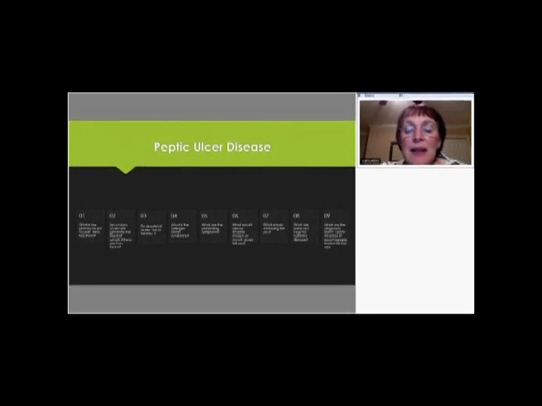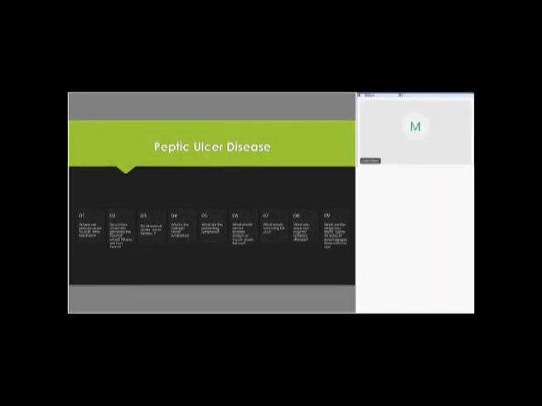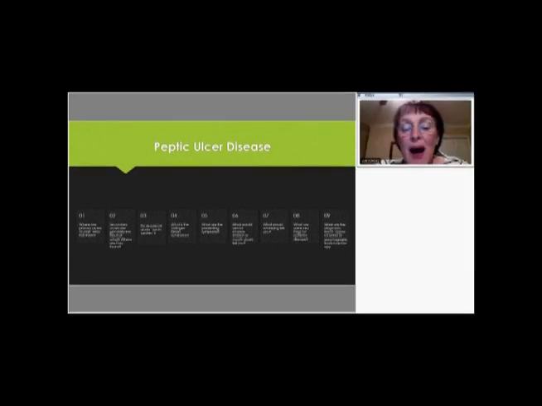What would dental enamel erosion or mouth ulcers tell you? If they had dental enamel erosion, what do you think that's from? Acid reflux. Yeah, GERD, right.